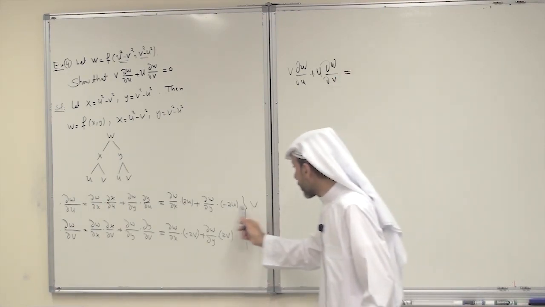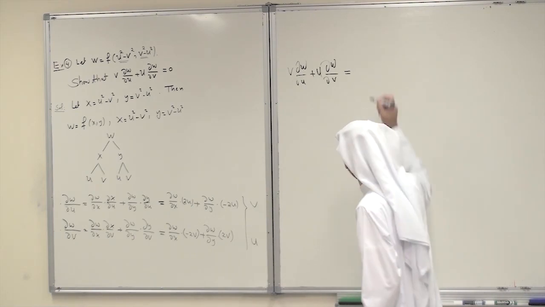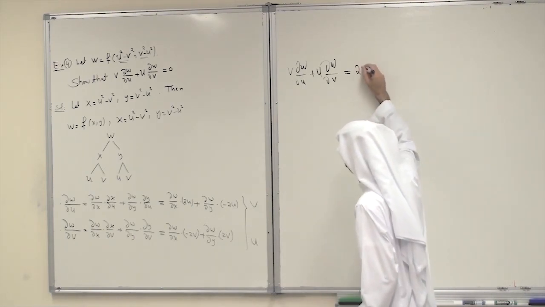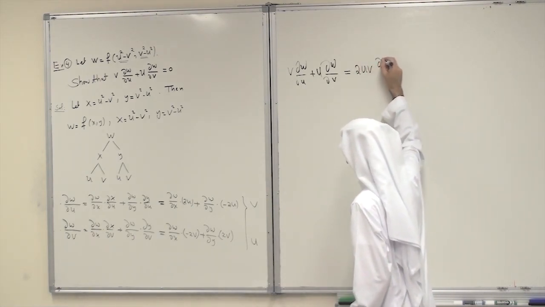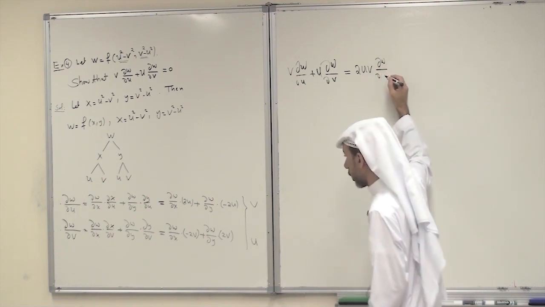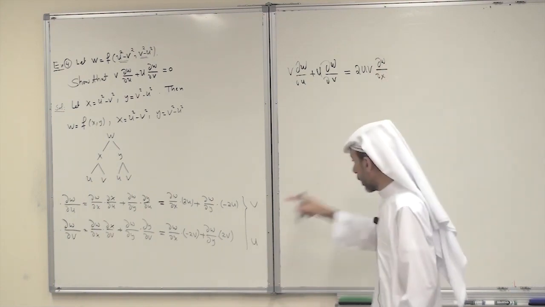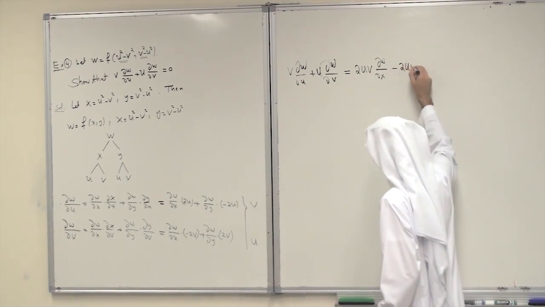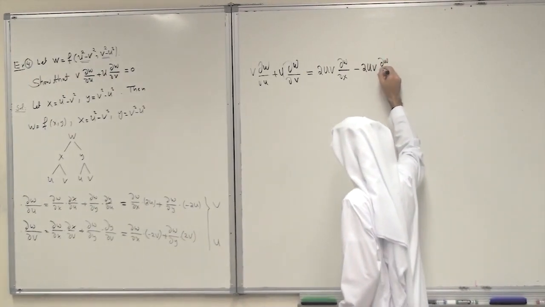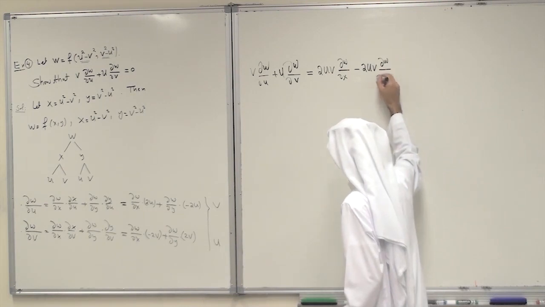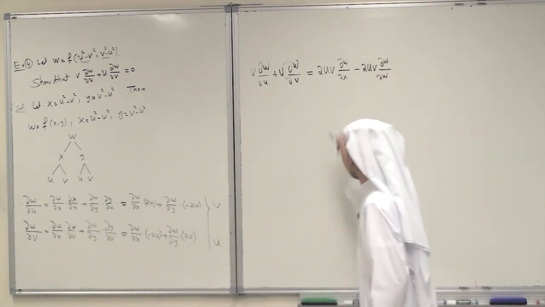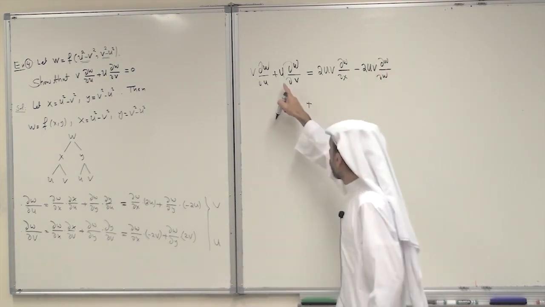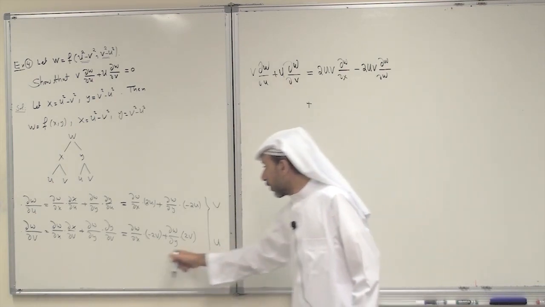When I multiply this by v, I get 2uv partial w, partial x, minus 2uv partial w, partial y, plus, now multiply u by partial w, partial v.